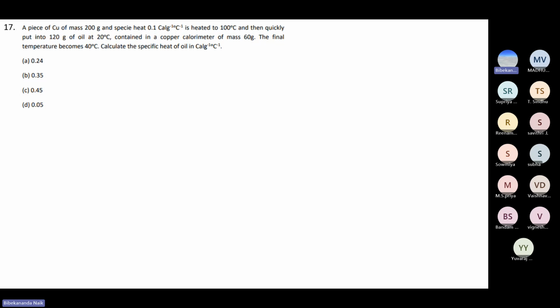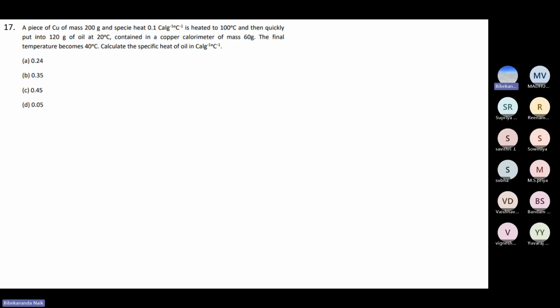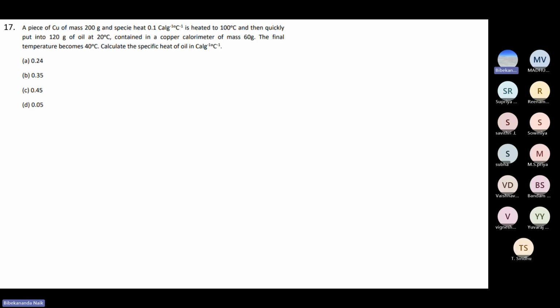However, the oil was at 20 degrees Celsius and the copper calorimeter is 60 gram. Now it is given the final temperature is 40 degrees Celsius. We need to calculate the specific heat.